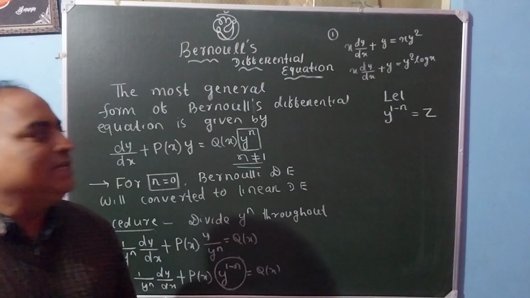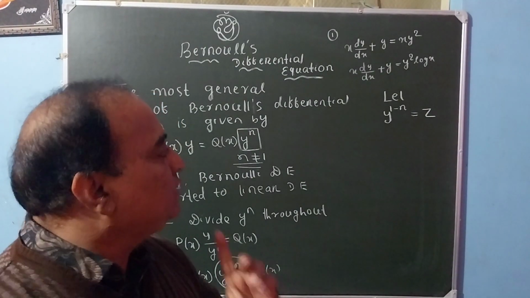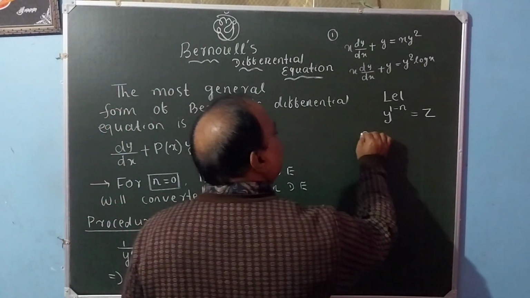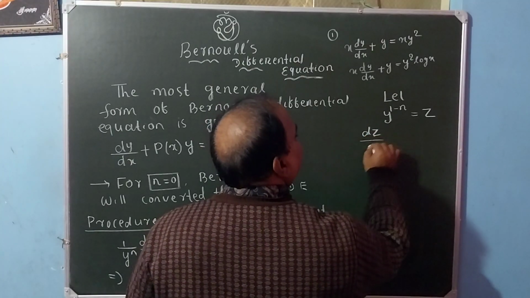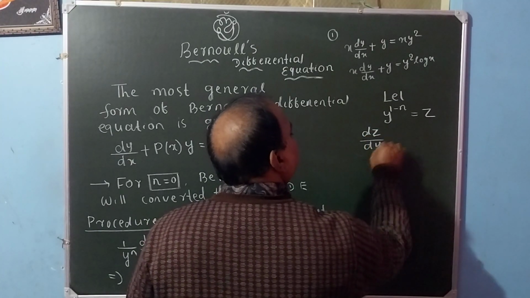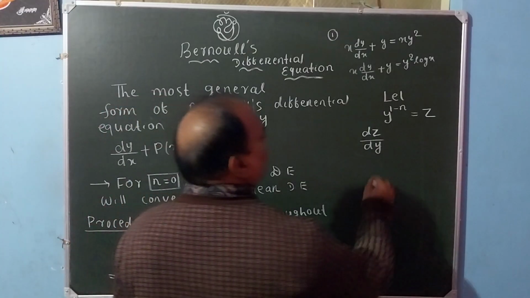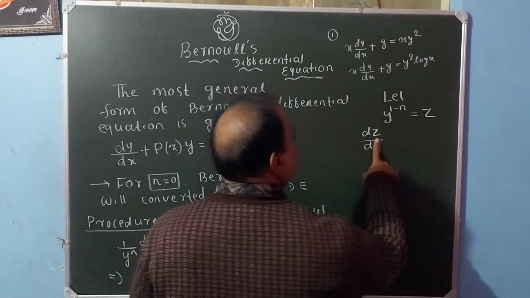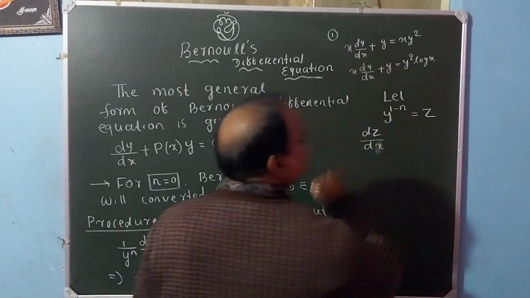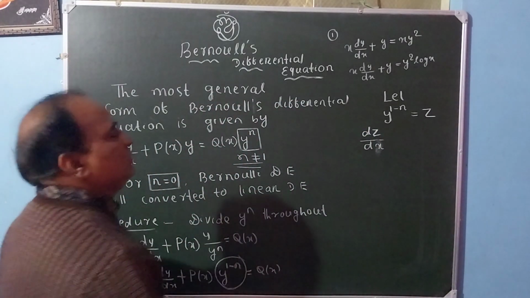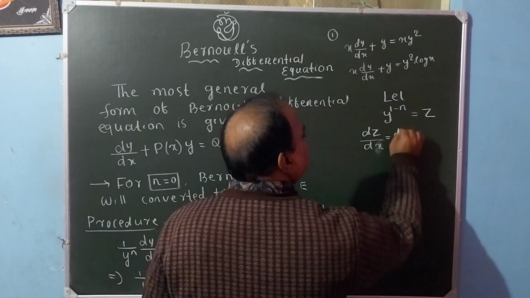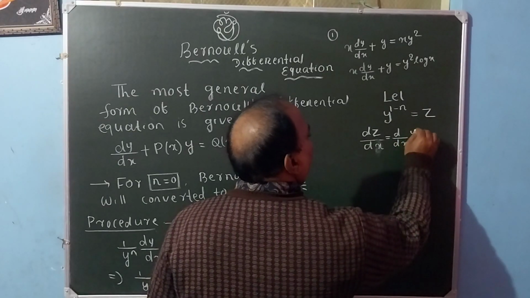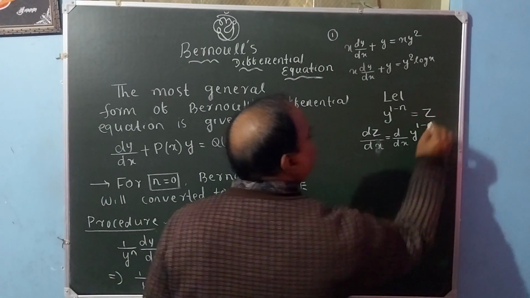So let y to the power 1 minus n is equal to z. Once you take this, you have to differentiate on both sides, dz/dx with respect to x. So d/dx of y to the power 1 minus n.